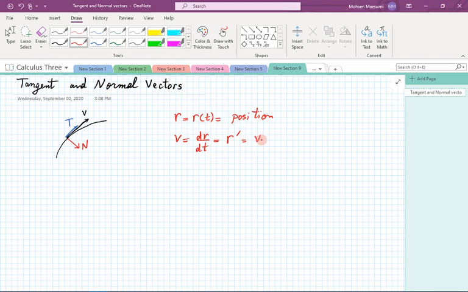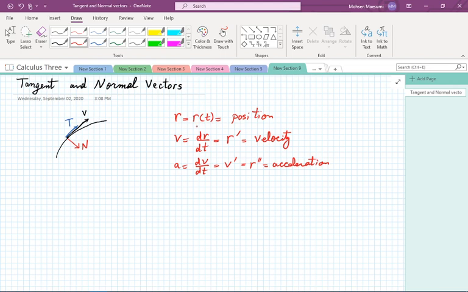That was of course our velocity. And we had the third one of this trio, a was dv dt, or v prime, or we can call it r double prime. That was our acceleration. The only difference between here and calculus 1 is that over there this was just one item. Now if we are in space, it can have 2 or 3 components.